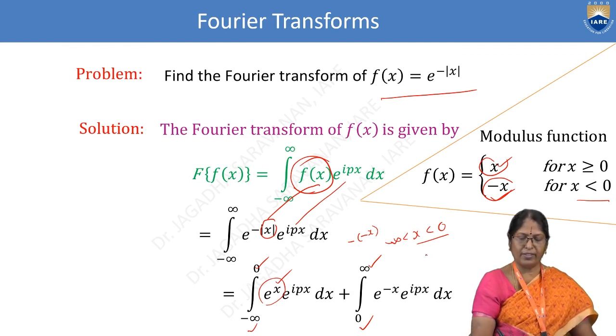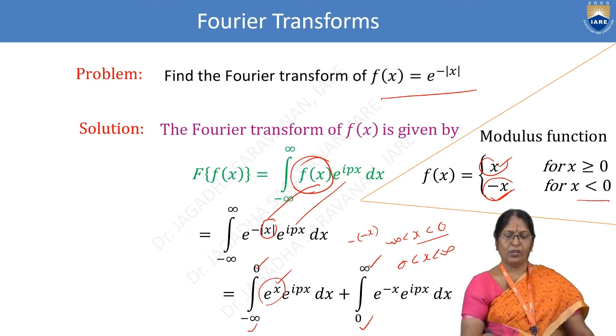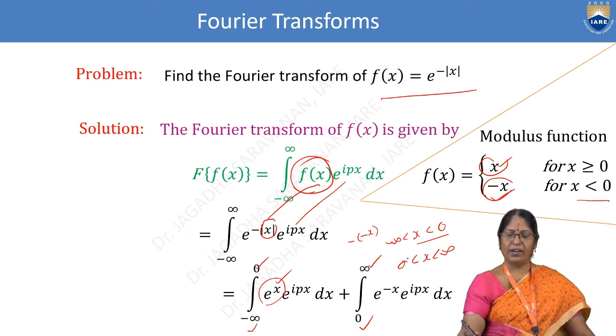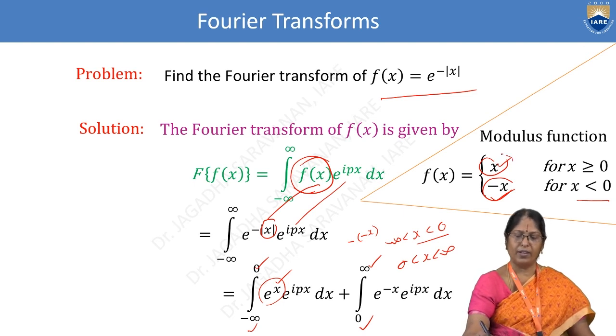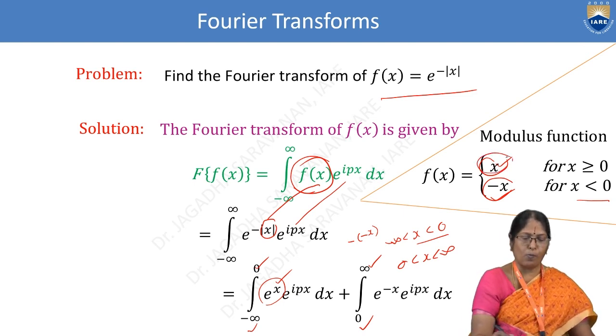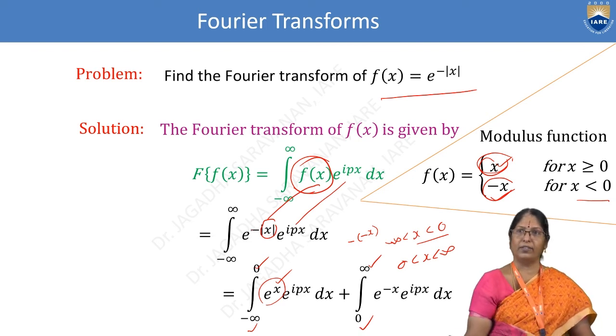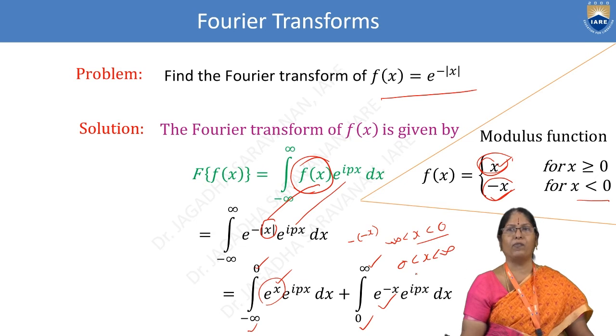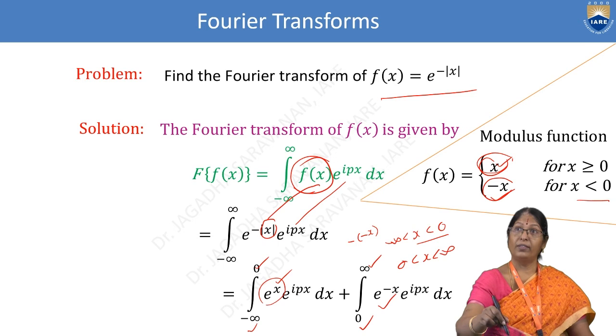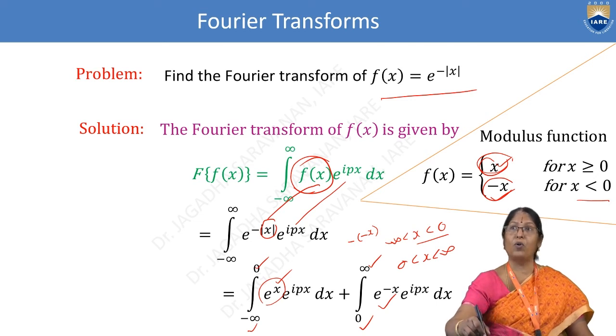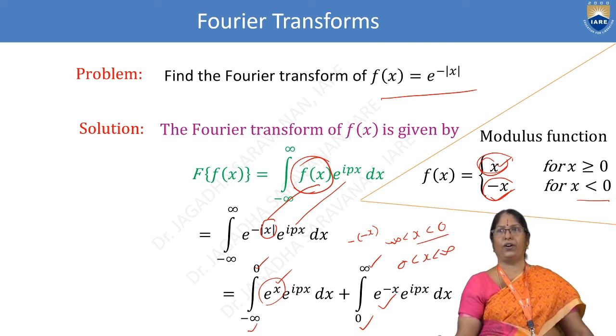The second one is x lies between 0 to infinity, so x is greater than 0. When x is greater than 0, the function is plus x. So mod x is replaced by plus x, and already minus is there, so it is e power minus x. So if the intervals are not given in the question and just the modulus function is given, we should know the definition of the modulus function.